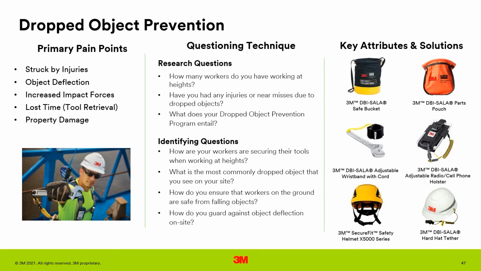And then I'm just going to quickly reference the radio holster and the hard hat tether. Those are super easy things to sell. Hard hats are meant to be kept on the head, but from time to time there might be a bump and it comes loose or it falls off. That tether is there. They can throw that back on their head very quickly, and it doesn't go rolling around or end up falling off of their work area.